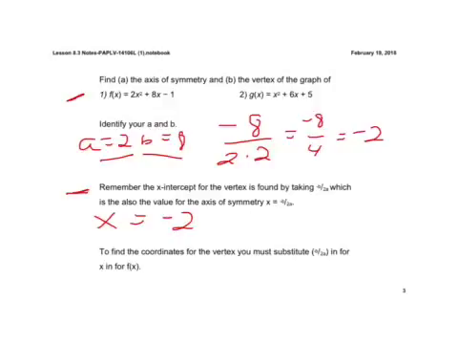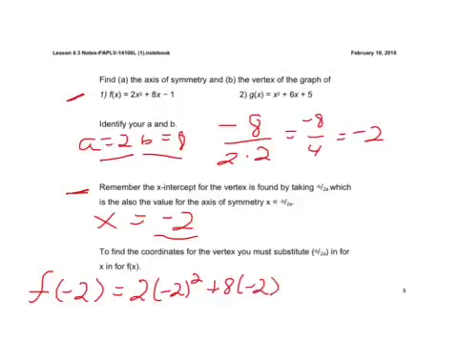Now they want us to find the vertex. So remember, to find the vertex we have to take this value and substitute it into x in our function. So we have to find f of negative 2. So we take 2 times negative 2 squared plus 8 times negative 2 minus 1. So powers first, negative 2 squared is 4, and we have 2 times 4 is 8, plus 8 times negative 2 is a negative 16 minus 1.